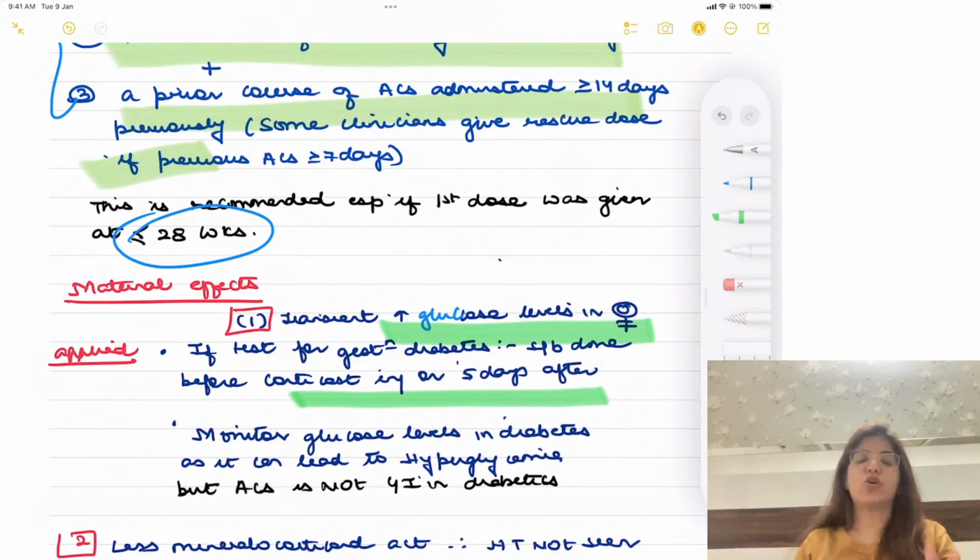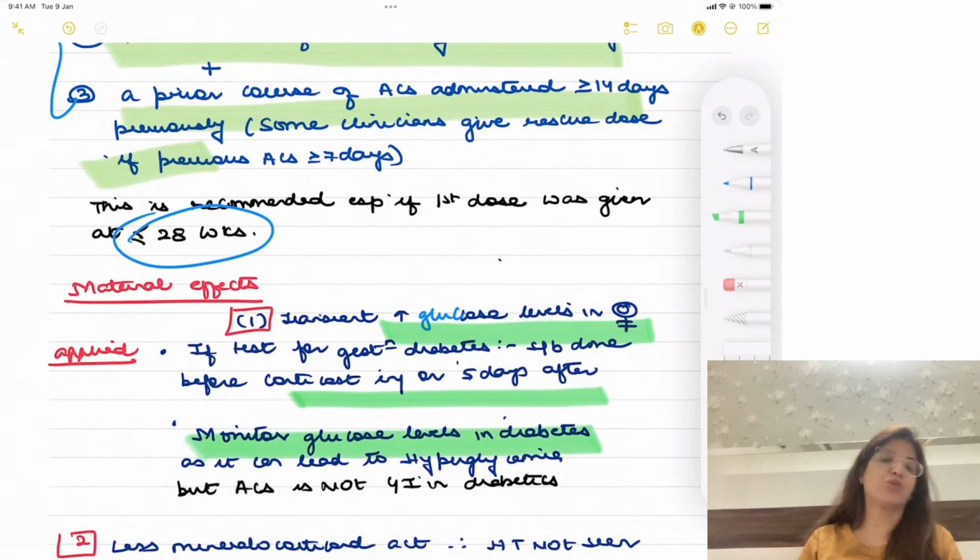Please remember that corticosteroids are not contraindicated in diabetics. So if you have a diabetic patient who goes into preterm labor and corticosteroid is indicated in her, I am going to give her corticosteroid. The only thing I'm going to do is monitor the glucose levels as well, right? So diabetes or hyperglycemia is not a contraindication for corticosteroids.